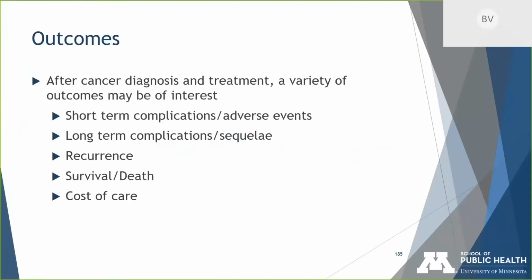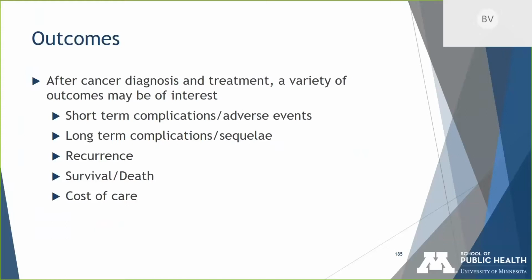So, we've talked this morning about defining our cohort and then defining treatments using the claims data and the SEER data. And now we're going to be talking about some outcomes that people are generally interested in. This isn't an exhaustive list of every possible outcome, but we wanted to give you an overview of how you might think about measuring these things, what concerns you might have, and discuss where you can find these things.